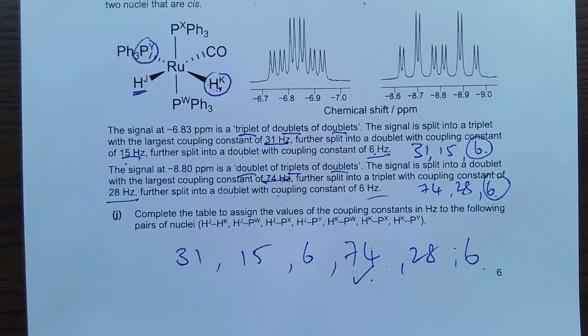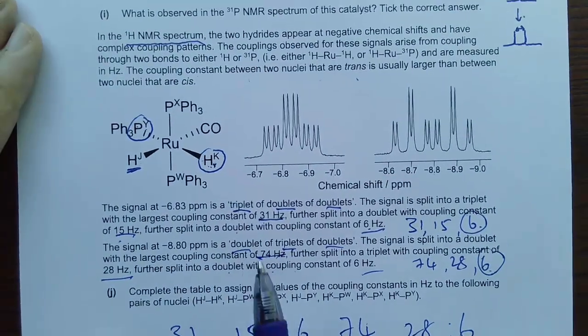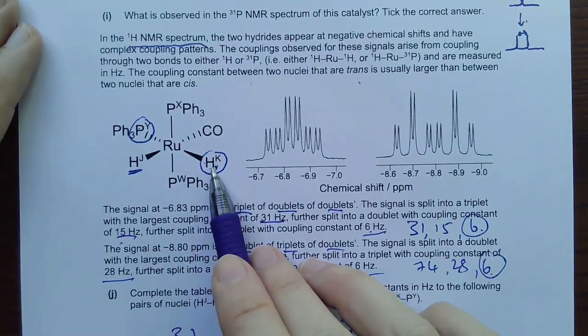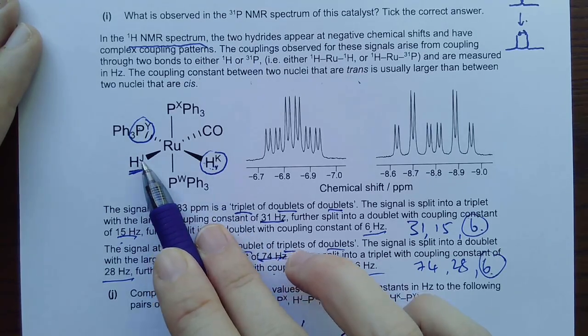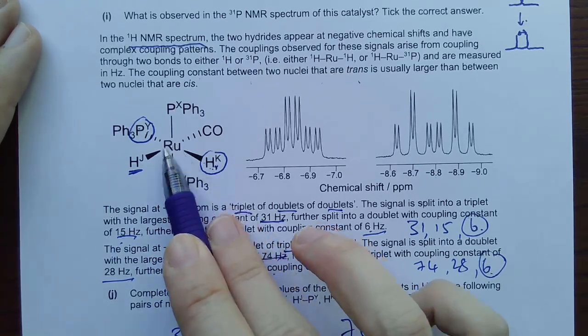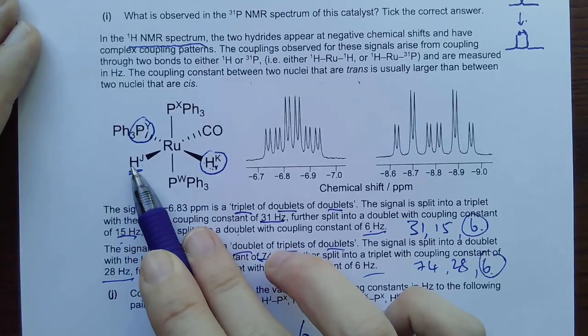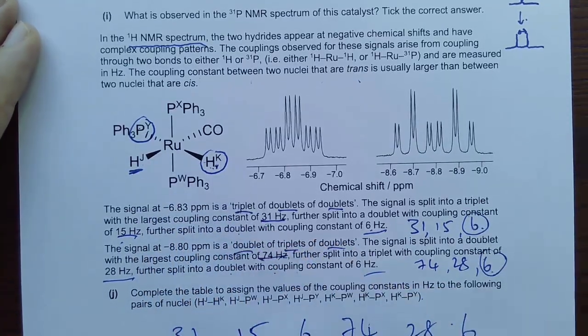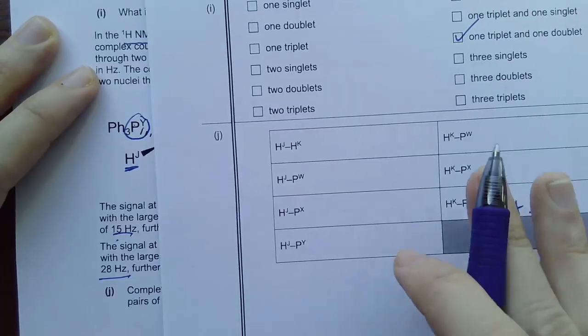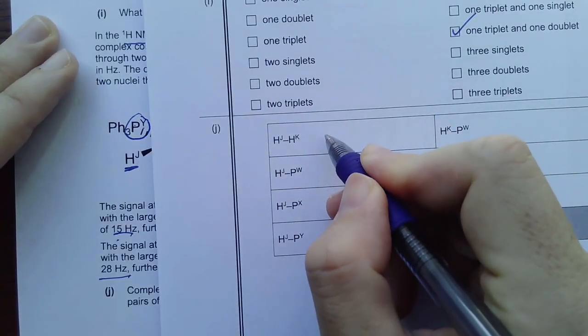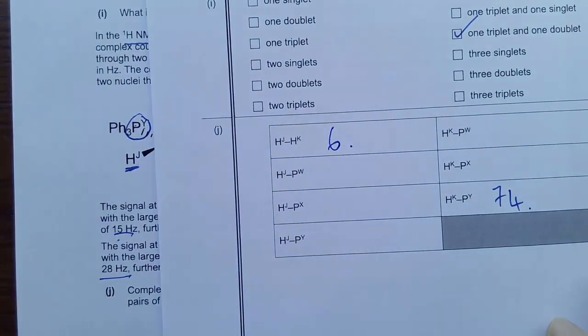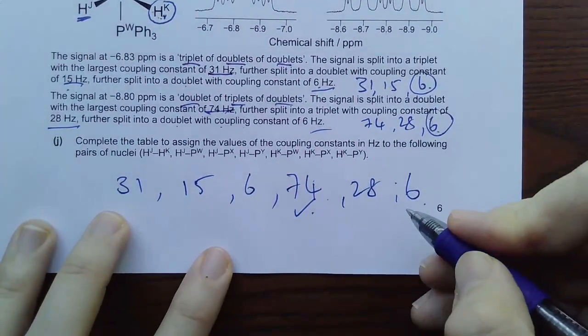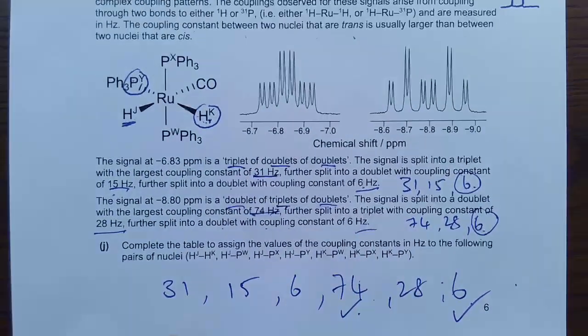What could that be? Well, the only thing that's the same for both hydrogens is the other hydrogen. Here, this hydrogen is split by this hydrogen, and here, this hydrogen is split by this hydrogen. So it would make sense that our HJHK is our 6. Okay, so now we've used up 6 as well.